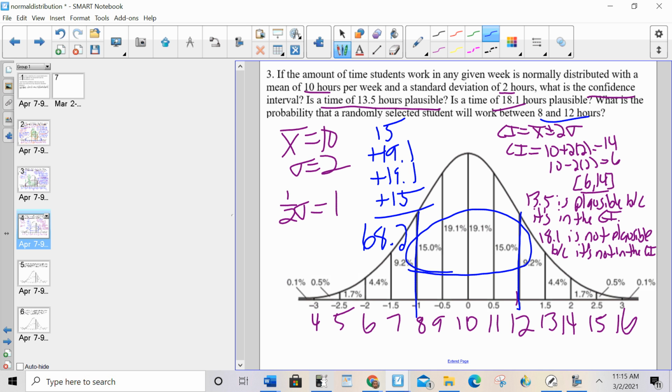So it's expected that 68.2% of the students in this town or high school or whatever work between 8 and 12 hours.